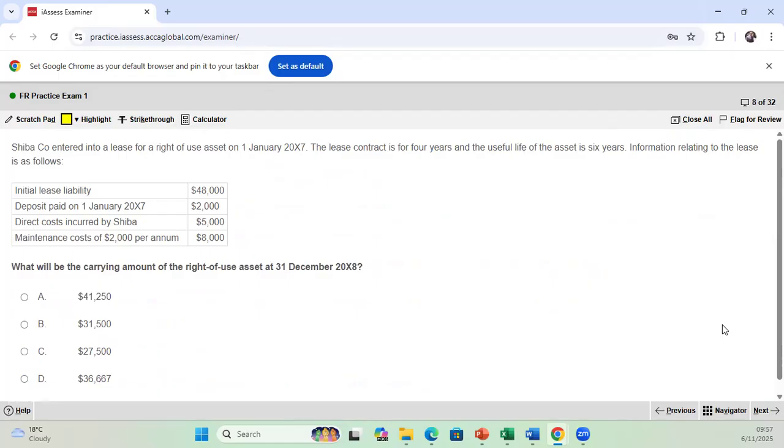You don't calculate the right of use asset, the carrying amount of the right of use asset. Yes.